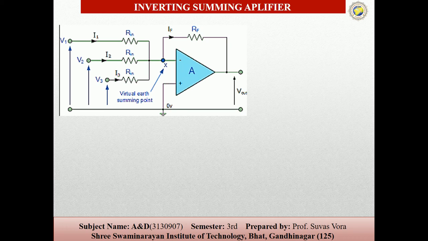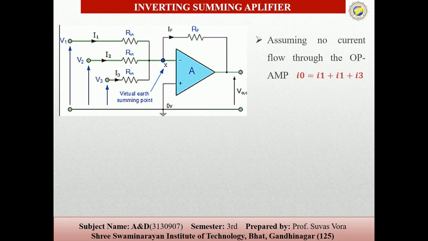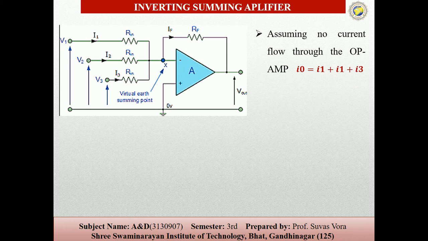Now assuming no current flows through the op-amp, we have the output current given by I0 equal to I1 plus I2 plus I3, where I1, I2 and I3 are the currents through the resistances R1, R2 and R3.